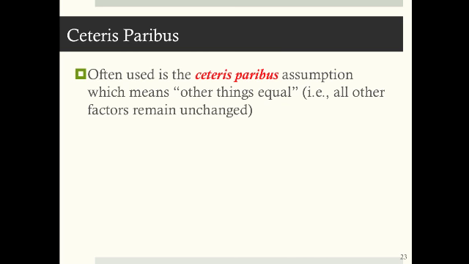In other words, if we want to explain how a change in one variable affects another variable, we have got to assume that all other variables are held constant. If everything is changing simultaneously, then there's no way that we can parse out what affected what. So you'll come across this phrase later on.